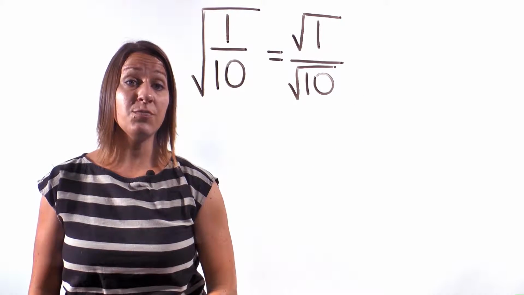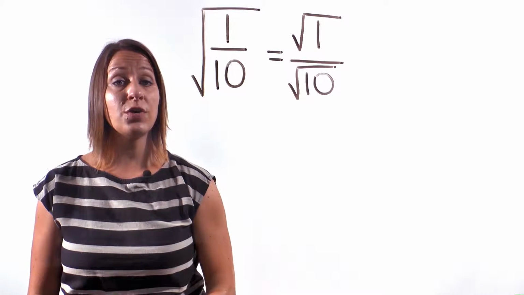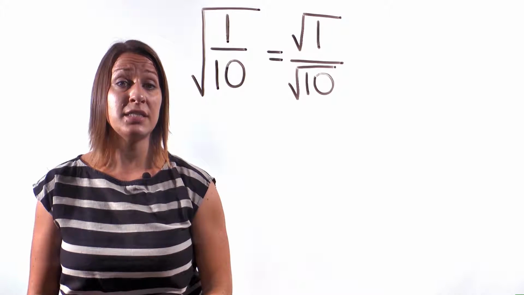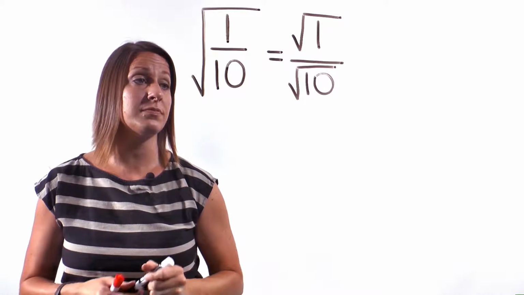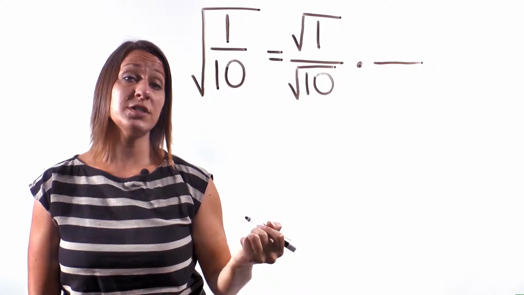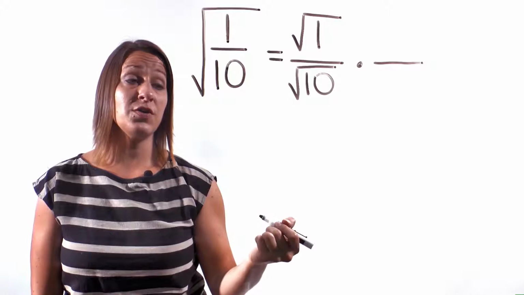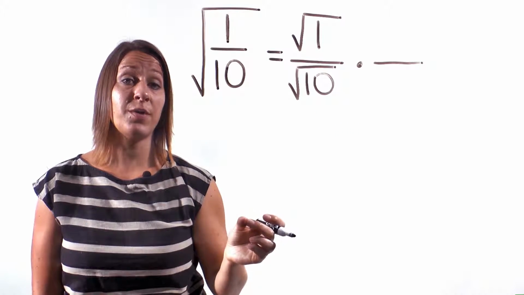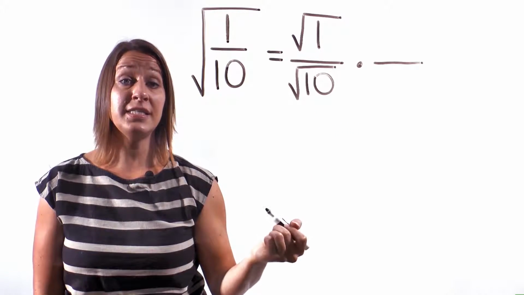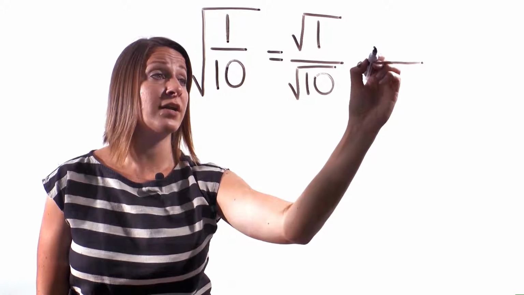Next, it's improper to leave a radical symbol in the denominator, so we're going to go through the process of rationalizing the denominator. We're going to multiply this fraction times another fraction so that it produces a perfect square number on the bottom. The easiest way to do that is to multiply it by radical 10 over radical 10.